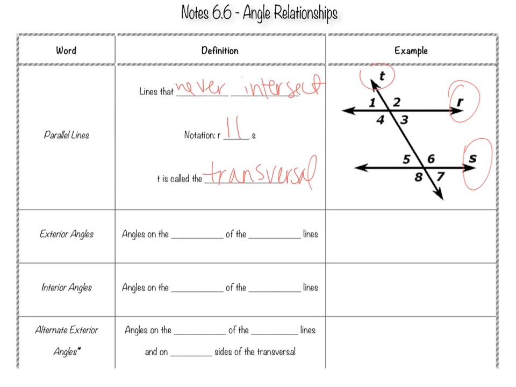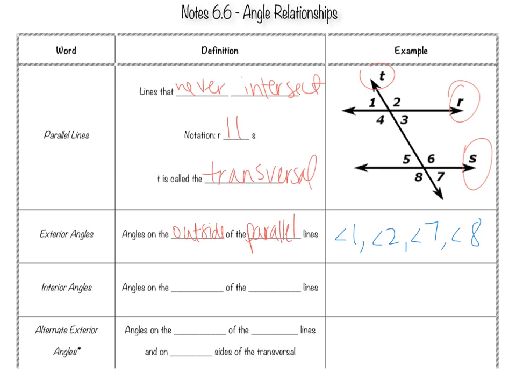Exterior angles are angles on the outside of the parallel lines. So for example of that, if you look at the image up above, the angles that are exterior angles would be angle 1, angle 2, angle 7, and angle 8.